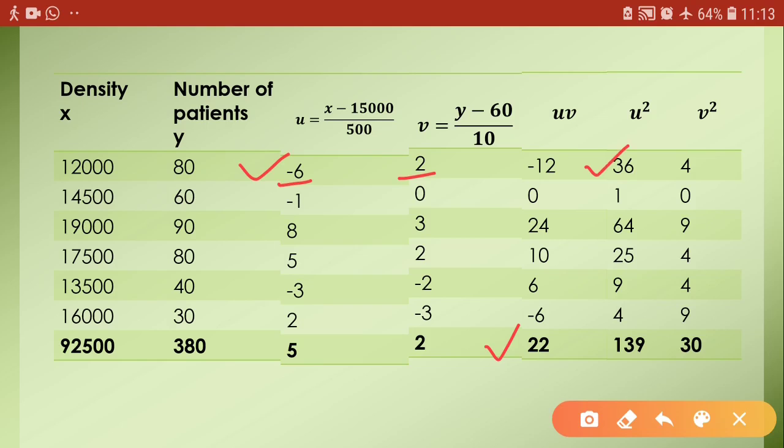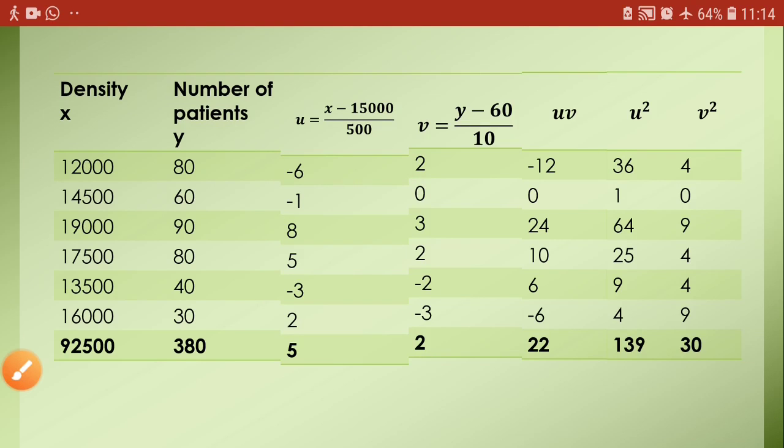And remember one thing, the square is always positive, because if a digit is negative, the square means the digit is multiplied 2 times by the same digit. So a negative digit is multiplied with the same negative, and it becomes positive. Then square of minus 1 is 1, square of 8 is 64, square of 5 is 25, and so on. This way the total of u square is 139.